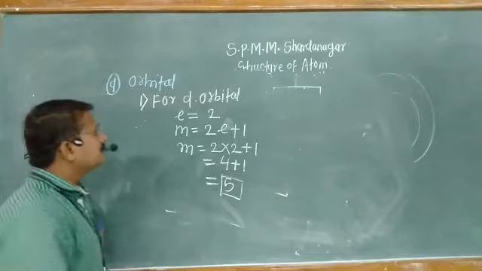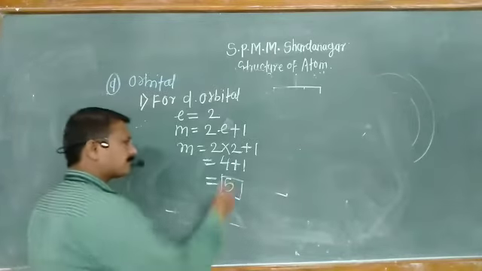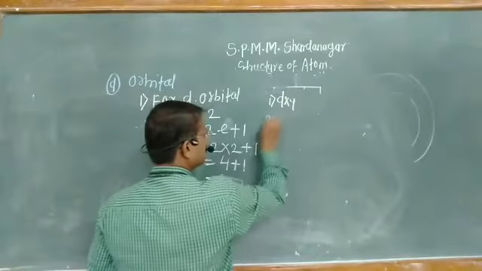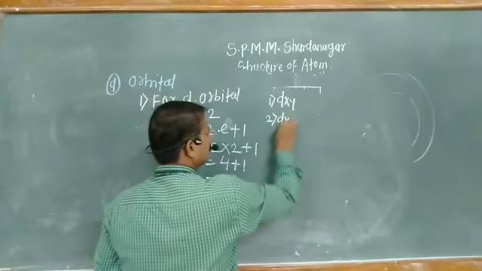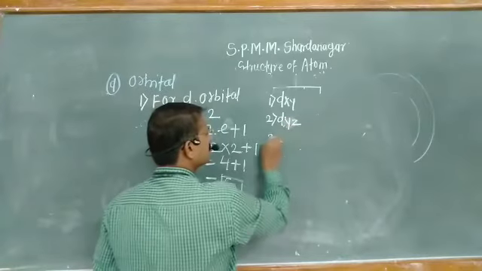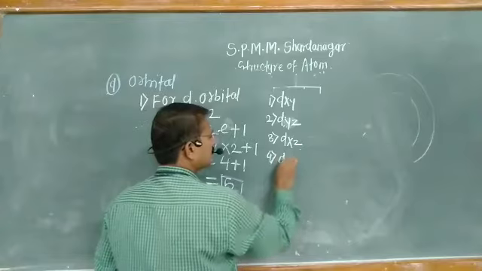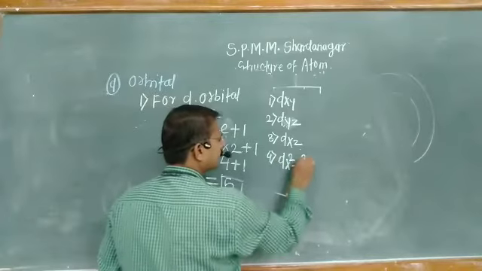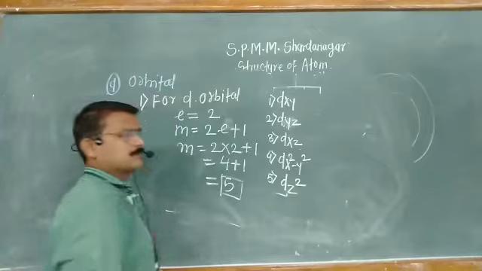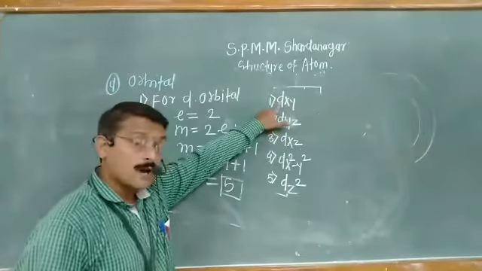These are designated as dxy, dyz, dxz, dx square minus y square, and the fifth one is dz square. What we have written: the d orbital.